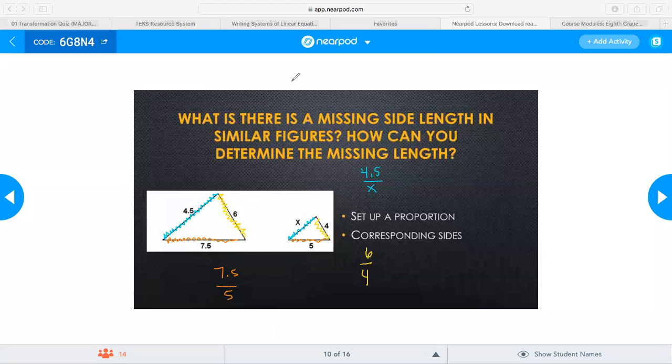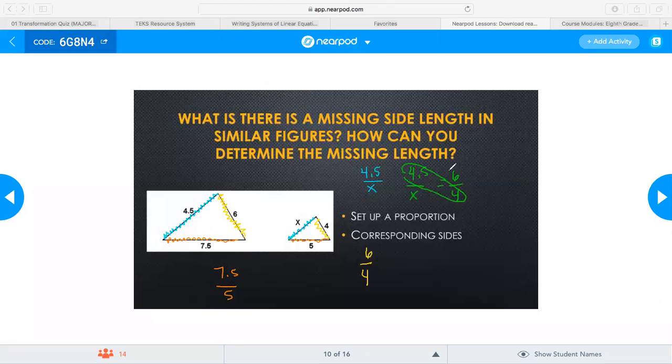Awesome, let's do that. 4.5 over X equals 6 over 4. If I know that they're similar, I know that their proportions should be equal. So I can set them equal to each other and solve. So 4.5 over X should equal the proportion of 6 over 4. And from here, all I'm doing is cross multiplying.